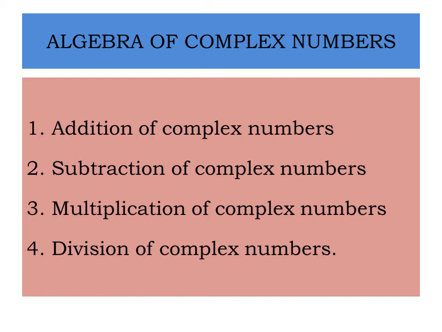For complex numbers, we are going to see what we get after we add, subtract, multiply, and divide two complex numbers. Okay, students, I will start with the four subpoints of the algebra of complex numbers.